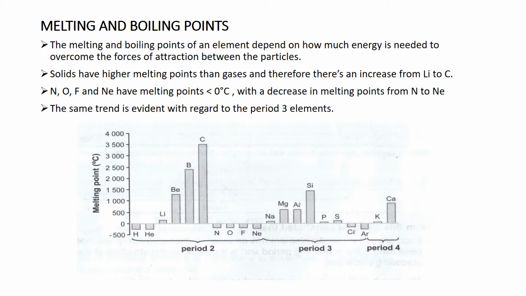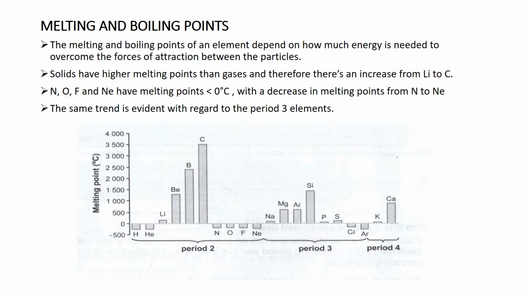So it makes sense that the gases have melting points that are less than 0 degrees Celsius. The same trend is evident with regard to the period 3 elements. So as you can see on the diagram below, you have hydrogen and helium.